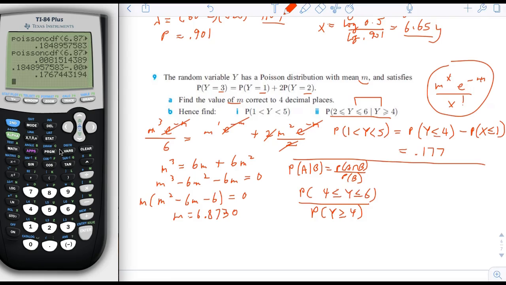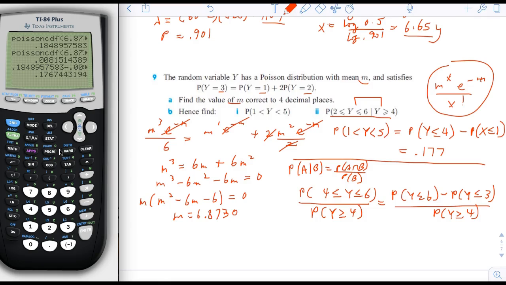Okay, because 2 and 3 is not part of the probability of B, so we don't need that. So that's equal to the probability that y is less than or equal to 6 minus the probability that y is less than or equal to 3, divided by the probability that y is greater than or equal to 4.